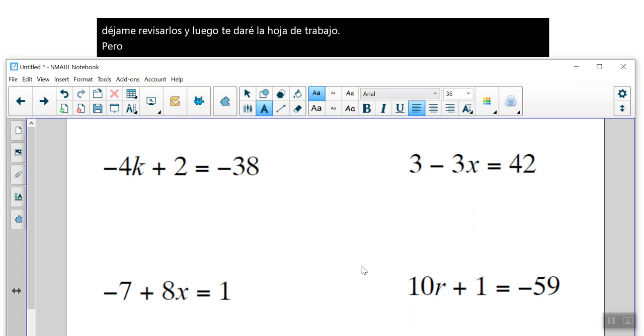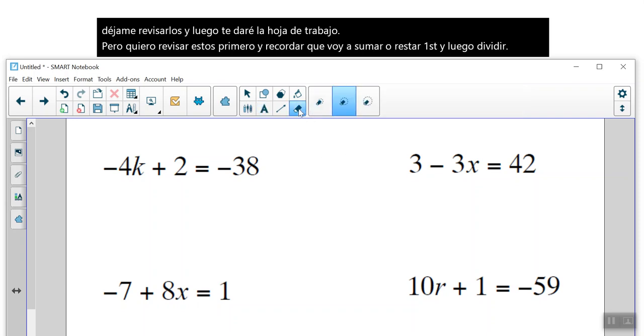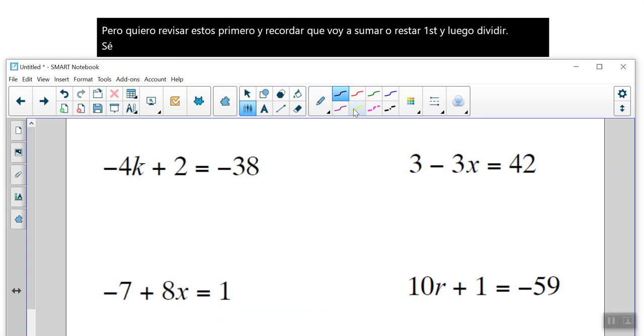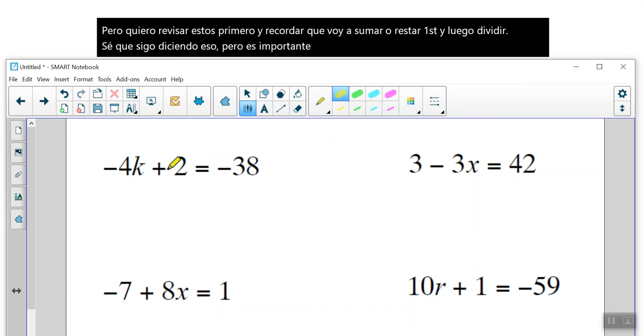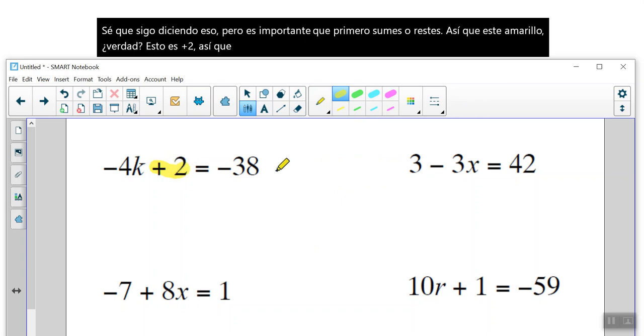And remember, you are going to add or subtract first and then divide. I know I keep on saying that, but it's important that you add or subtract first. So this yellow, right? This is plus 2. So you're going to move that first. This 3 is a positive 3.